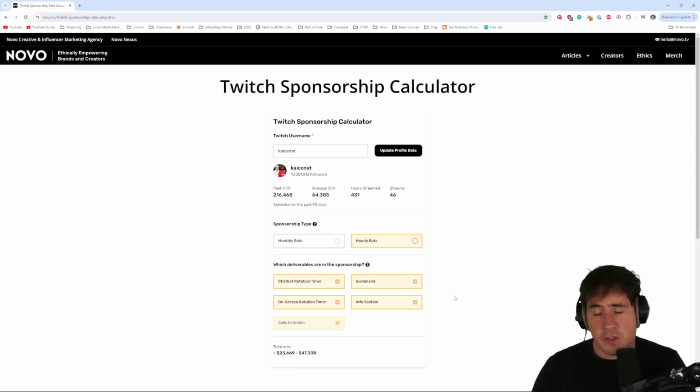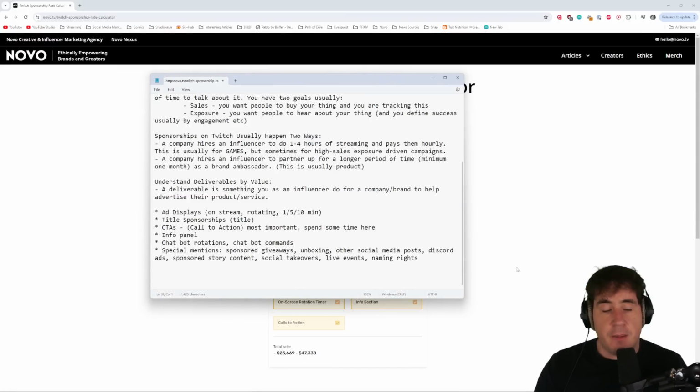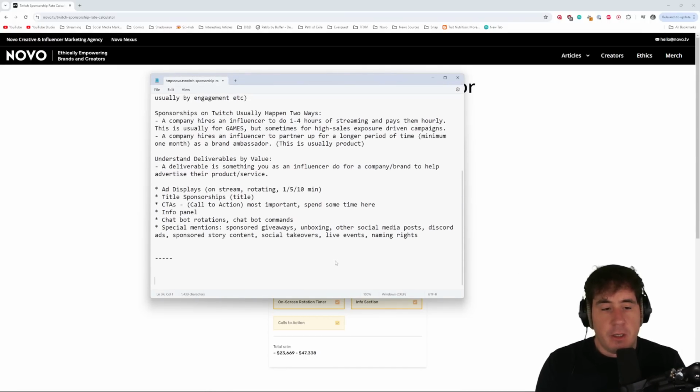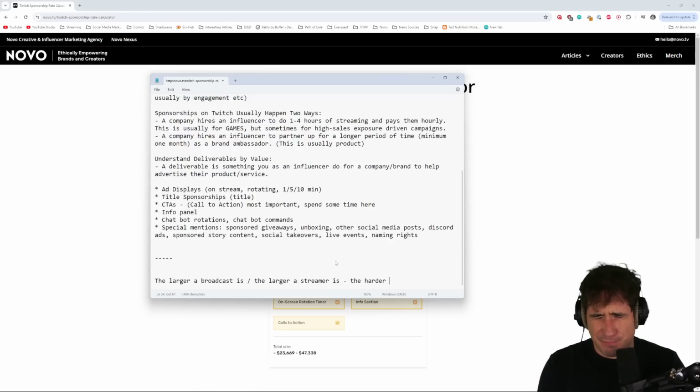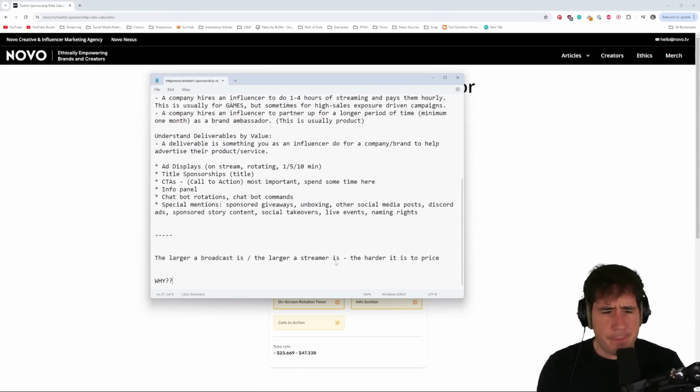So the first thing you need to understand about this calculator and about all types of Twitch deals is the following. The larger a broadcast is, or the larger a streamer is, the harder it is to price. Why?